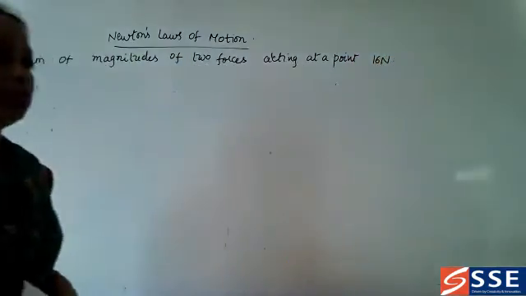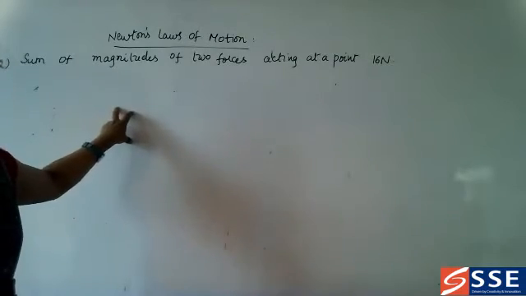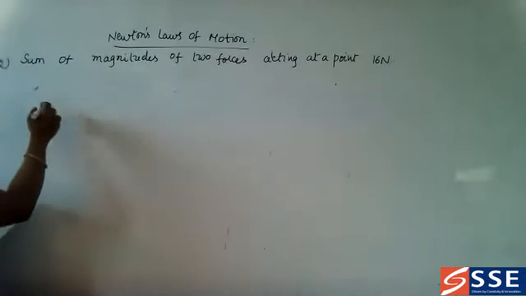Suppose you are taking F1 and F2 as the two forces, the sum of the magnitudes of these two forces will be 16 Newton.